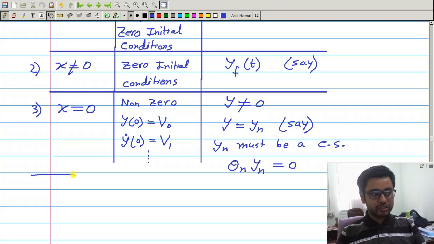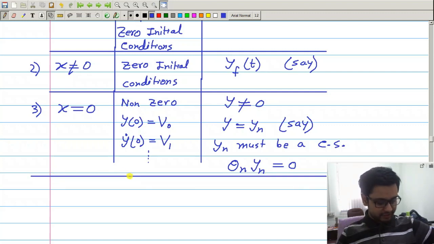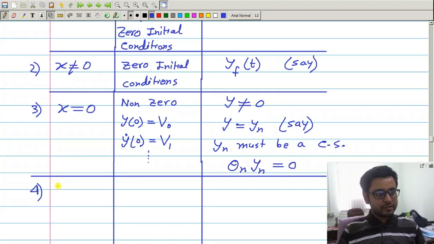Now let us consider a fourth situation when you take input to be non-zero. To be more specific, let me take input to be same as the input which we had in this situation. Call this x1.